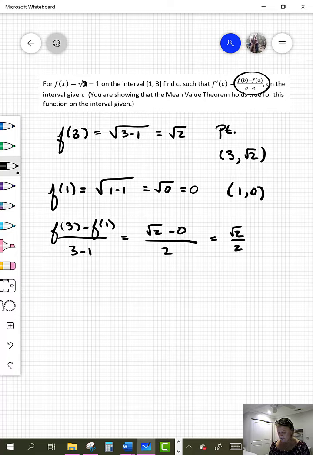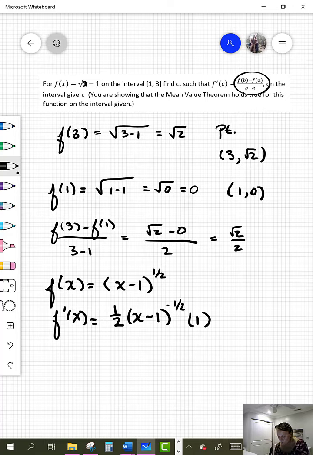So let's find the derivative of f of x. Before we do that, let's rewrite it a little bit. So f of x could be rewritten as x minus 1 all raised to the 1/2 power. So let's use the chain rule when we're taking the derivative of this, bringing our power down in front of the inside x minus 1, subtract 1 from our power, so 1/2 minus 2/2 is negative 1/2, times the derivative of the inside, which is 1.